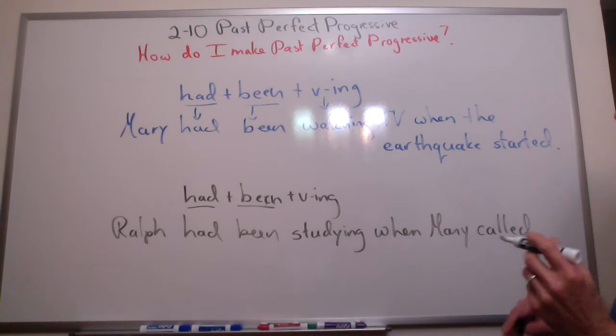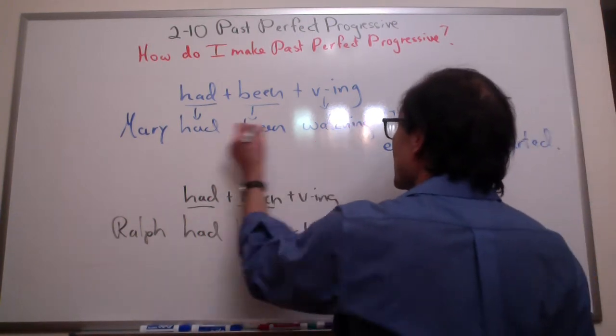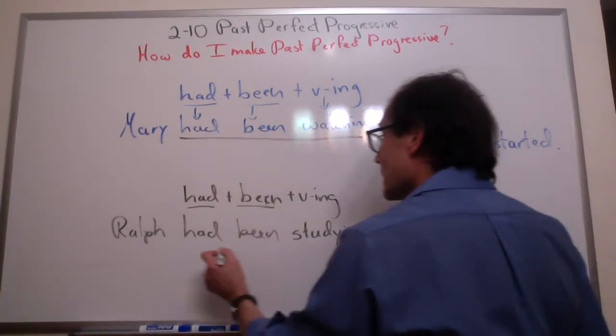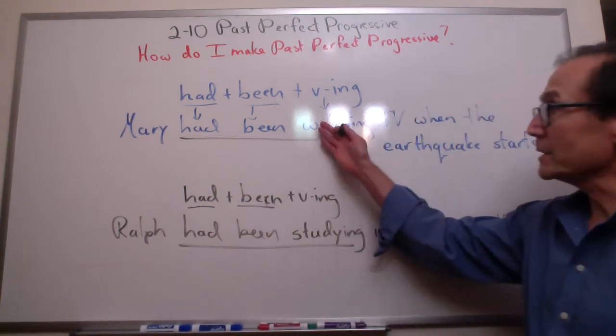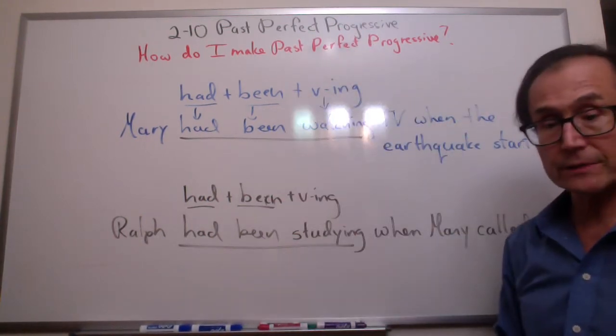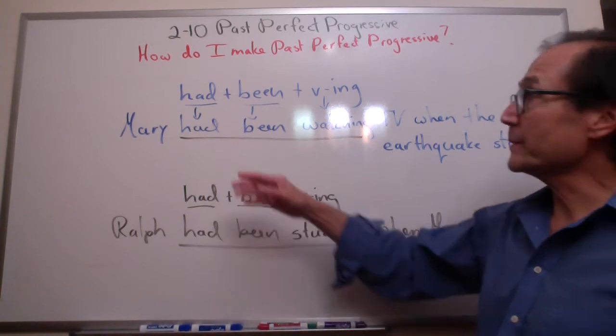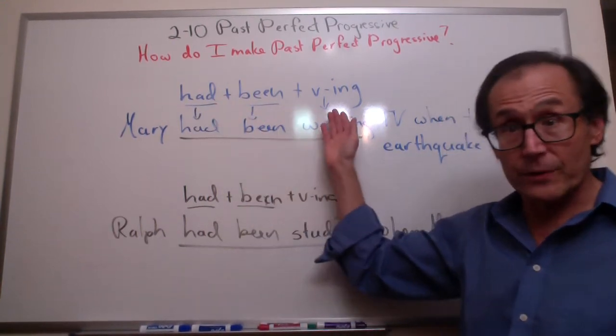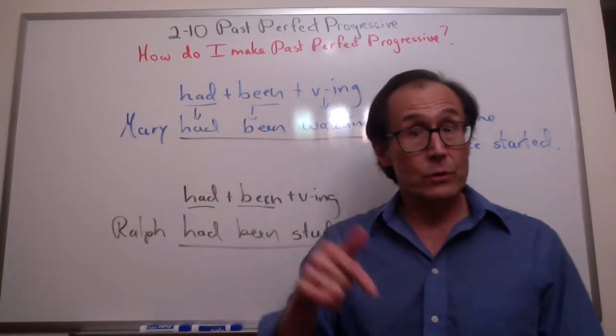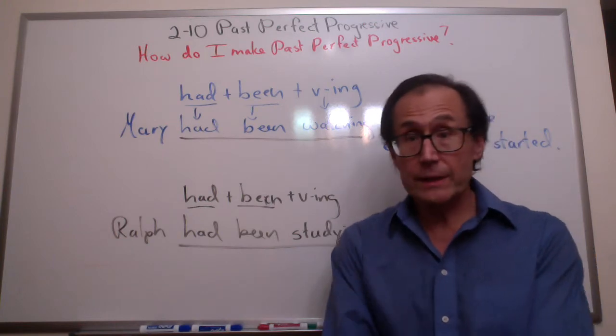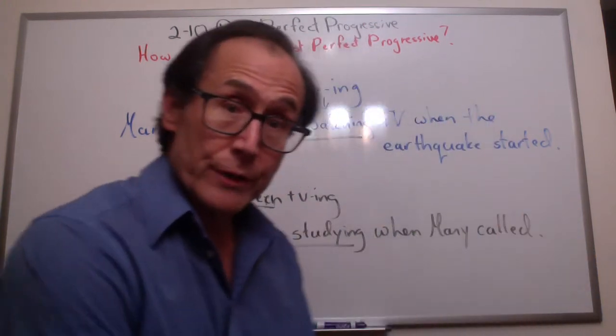Okay, so here, had been watching, had been studying are both examples of past perfect progressive. And again, past perfect progressive uses had and been and verb ing. Now, to make a negative statement, very easy. I just add the word not.